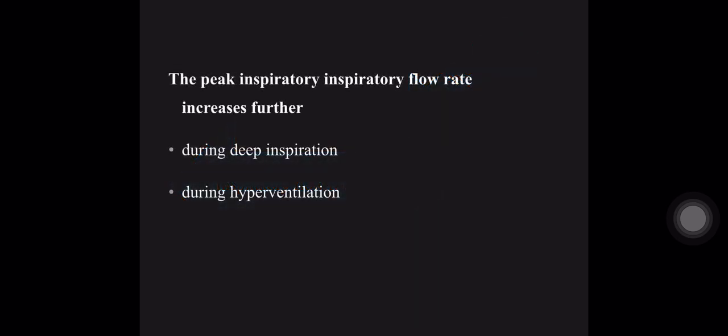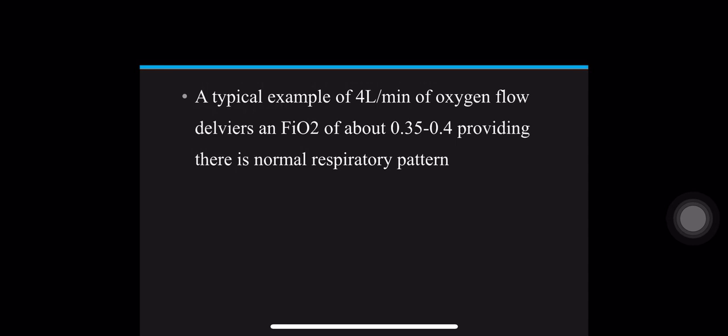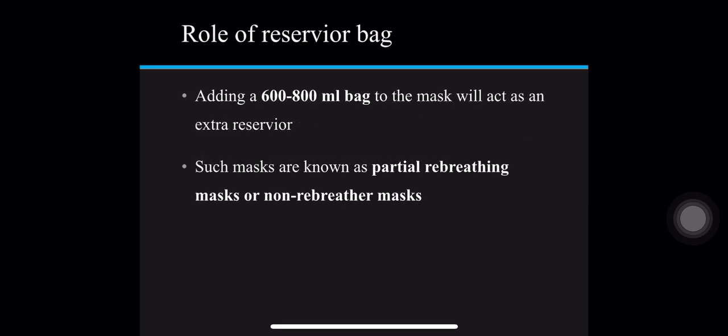The peak inspiratory flow rate can be increased in deep inspiration and during hyperventilation. Okay, a typical example: 4 liters per minute oxygen flow delivers an FiO2 of about 0.35 to 0.4, providing there is a normal respiratory pattern. It means that there is an enough expiratory pause and normal respiratory rate.